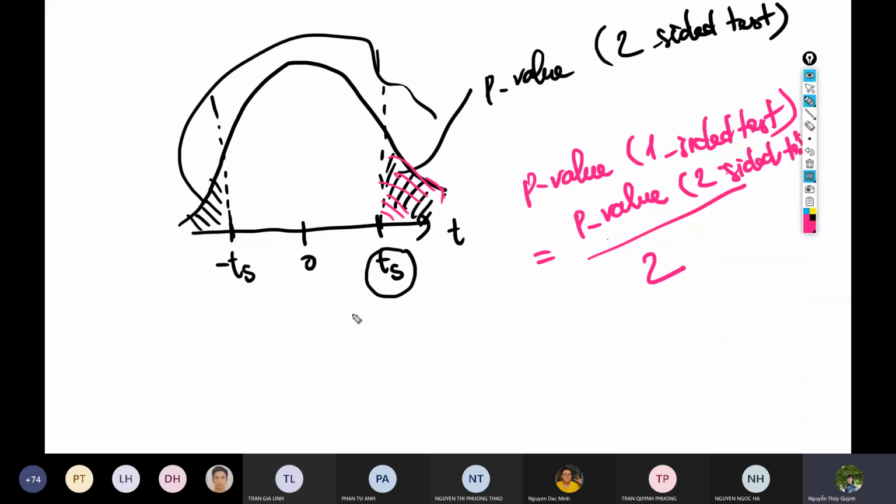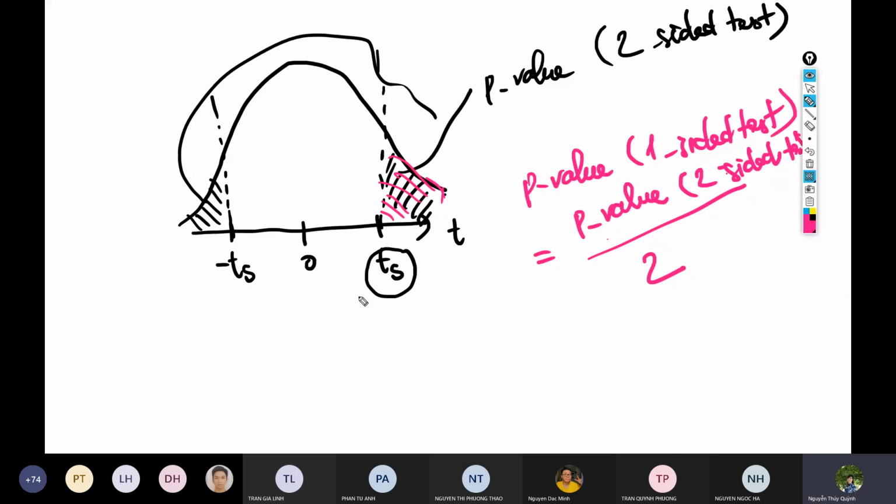But now if I want to conduct a left-sided test, which means that I need the area to the left of the observed value of t, in that case I want to know whether the actual value of the regression coefficient on education is less than 0.